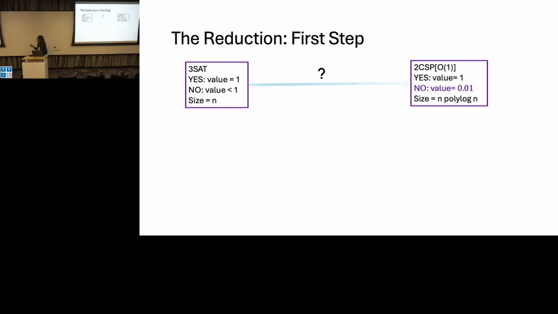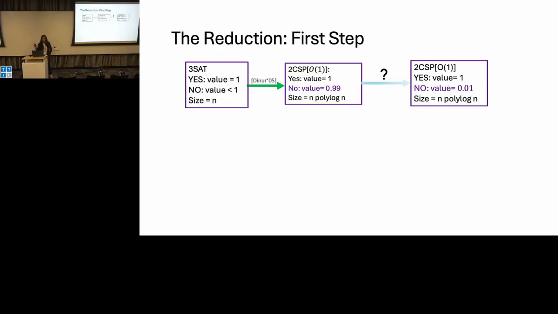As a first step, we can already use Dinur's reduction, which first reduces 3-SAT instances to value 0.99 CSP instances. And her reduction only incurs polylog n blow up. So this is good. And now this is the main part that we need to do.